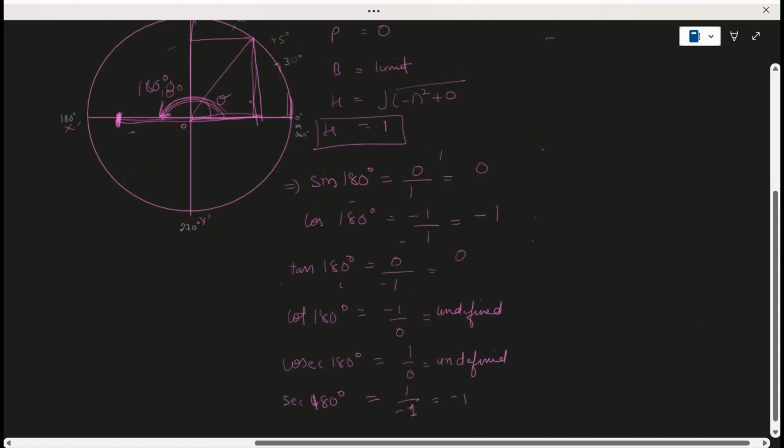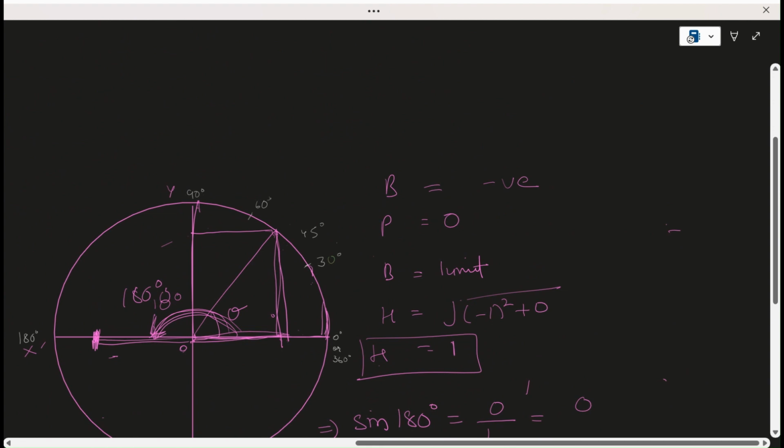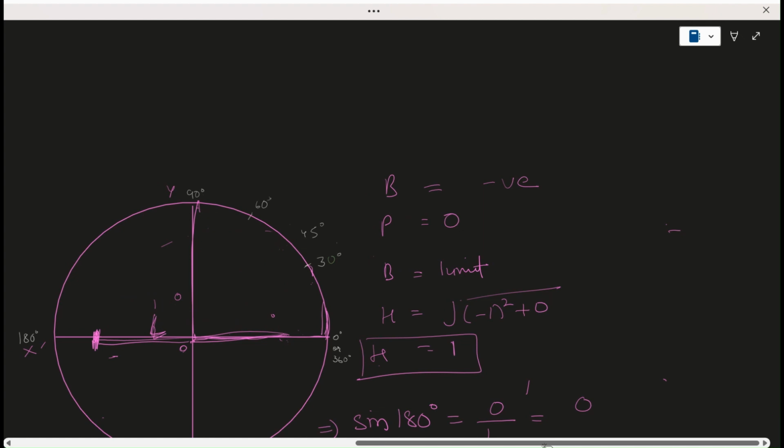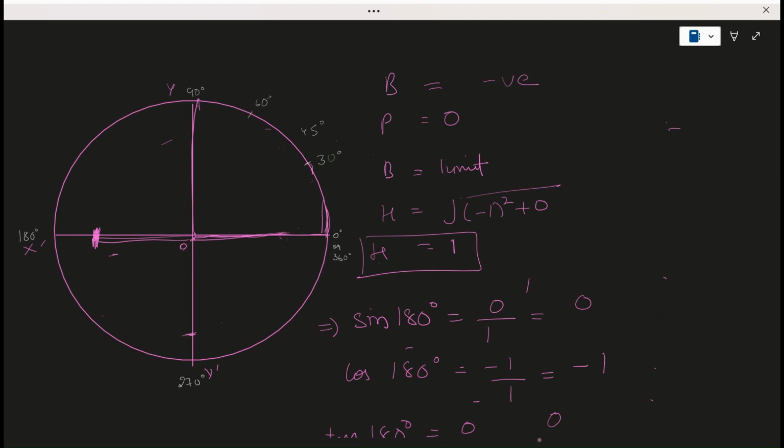So we calculated for 180, now we will calculate for 270. What will happen for 270? Let this angle be 270.